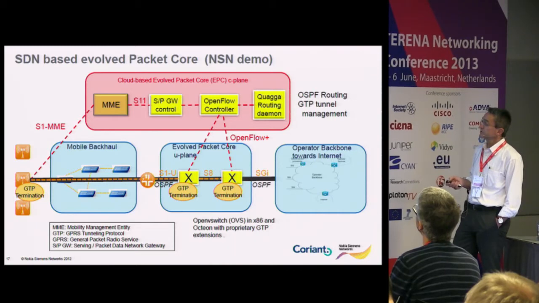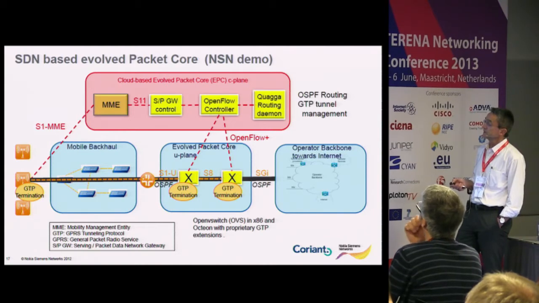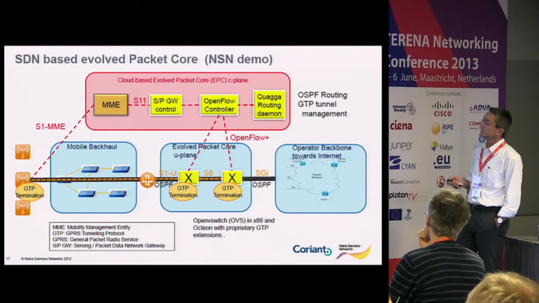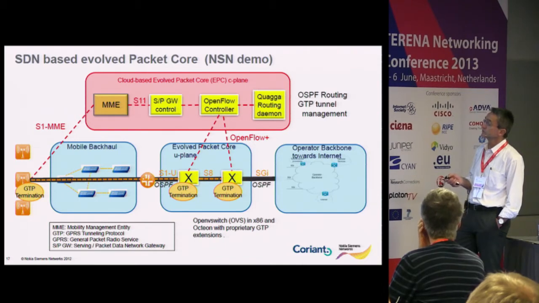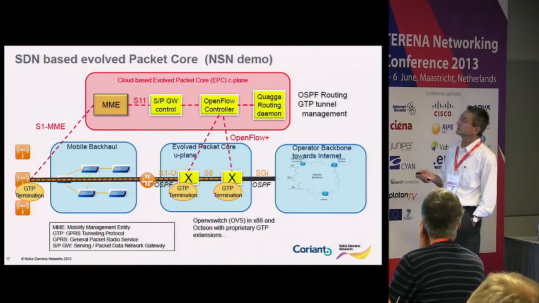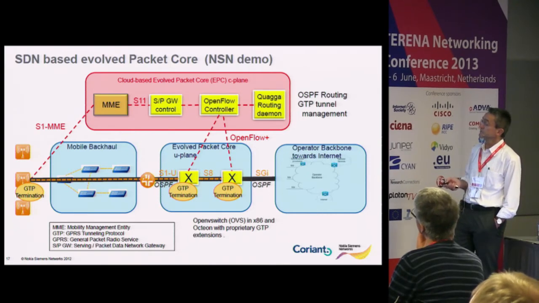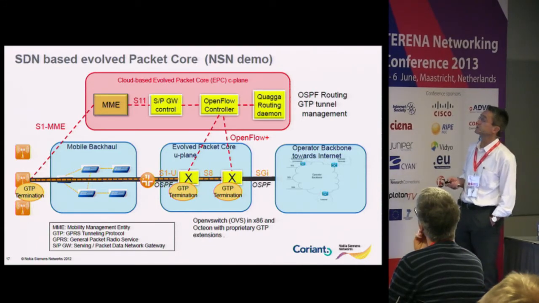These Open vSwitches have some extensions for GTP tunnel protocol terminations, some proprietary extensions, and they are controlled via OpenFlow, OpenFlow Plus because of the GTP extensions, from an OpenFlow controller which has been built by ourselves. The Quagga routing daemon has also been used to communicate between routers and these Open vSwitches.